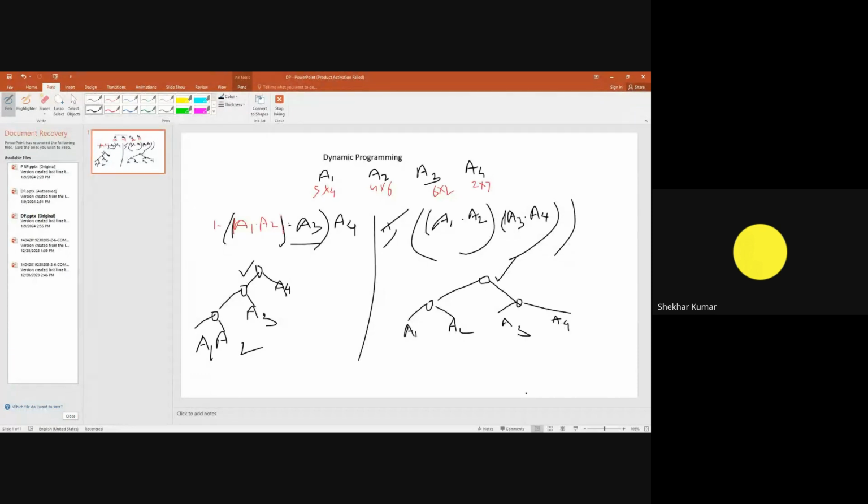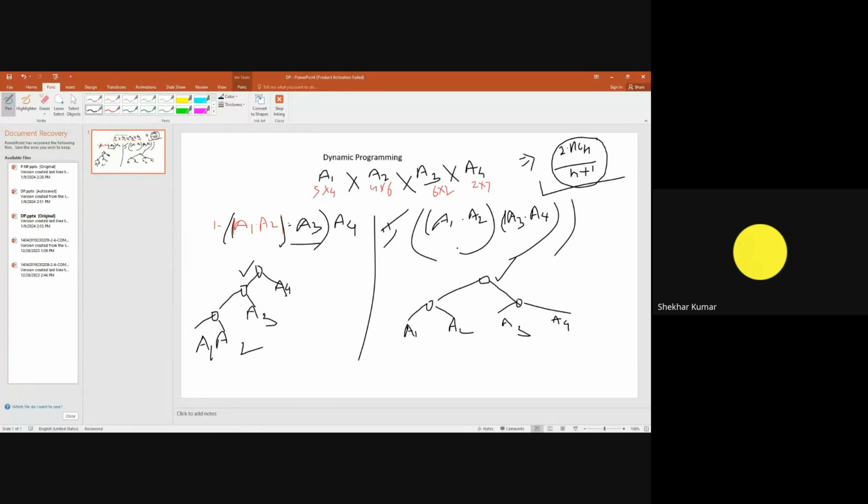So how many trees are possible? The total number of trees that are possible for finding an optimal solution will be 2 into NCN divided by n plus 1. That is the total number of ways you can find the solution. So in the above example, 3 multiplications are required, 1, 2, and 3.